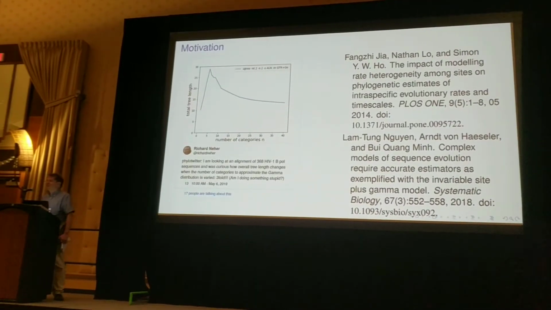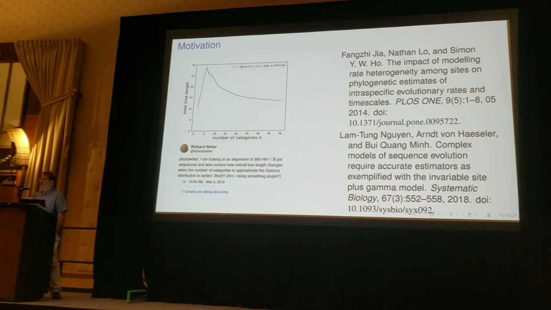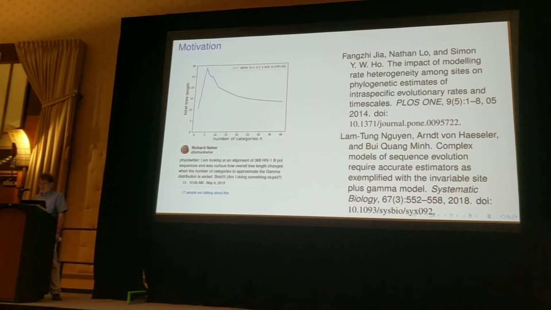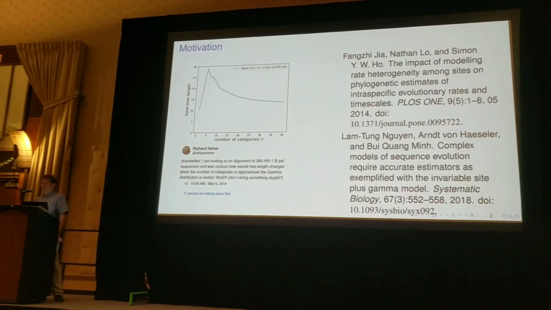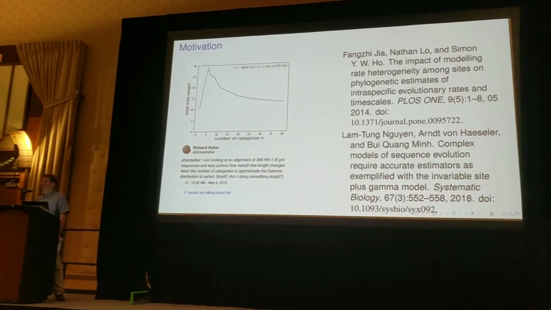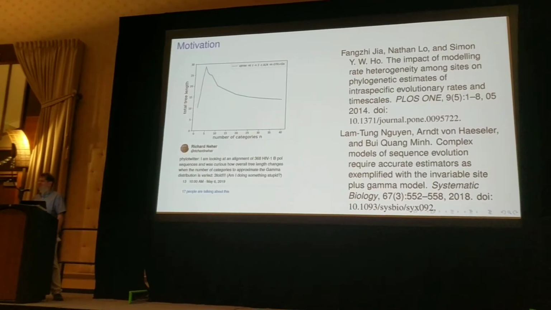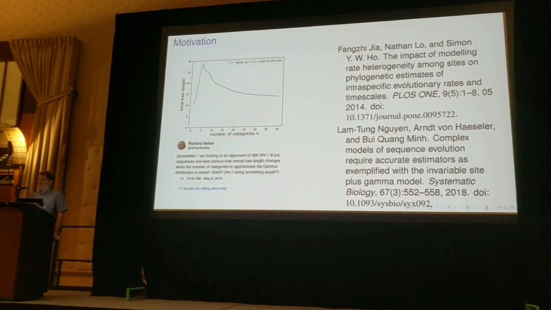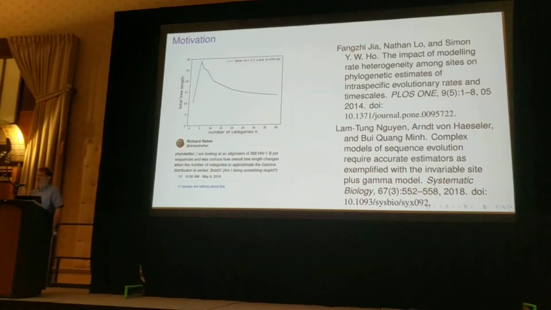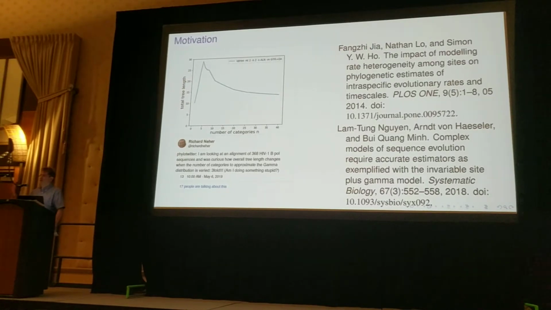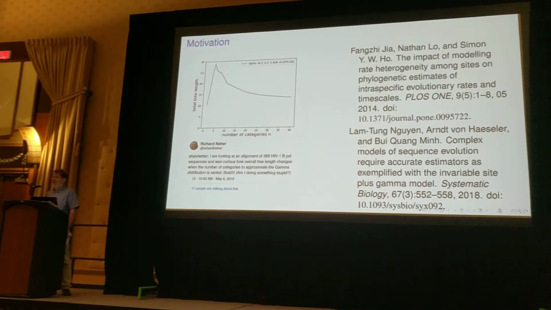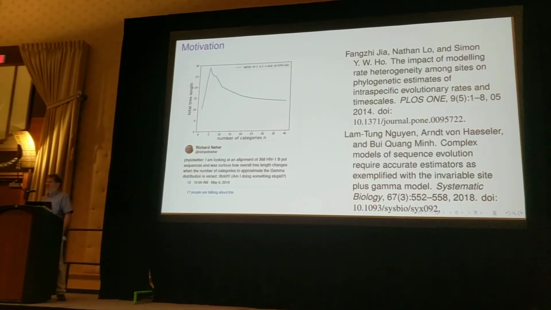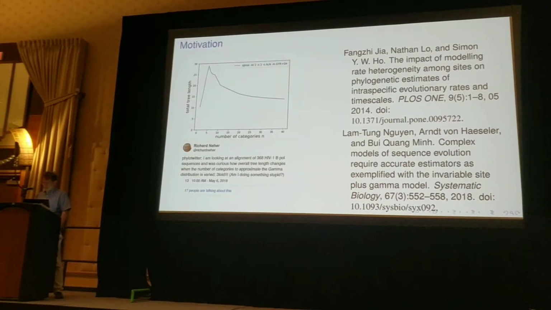I think at least one of them is probably in the audience. They estimated over different parameter spaces and found a lot of local optima in the trees, and they were interested in which of these local optima is really the global optimum. I want to look a little at how different these local optima actually are.